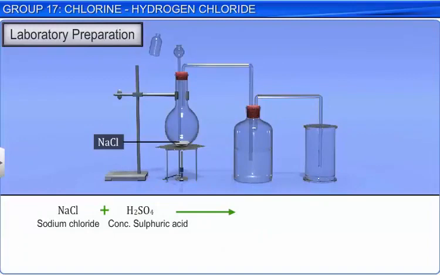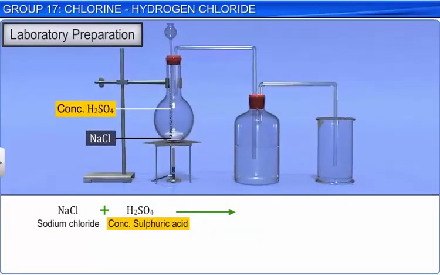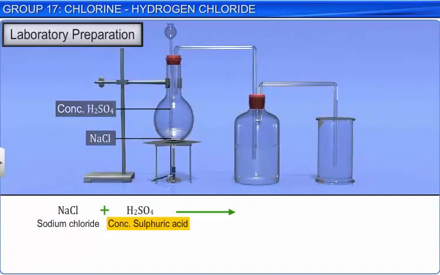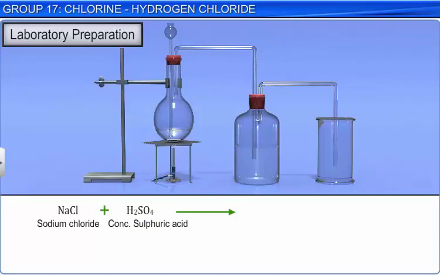Hydrogen chloride is prepared in the laboratory by treating sodium chloride with concentrated sulfuric acid. The reaction mixture, consisting of concentrated sulfuric acid and sodium chloride, is first heated to 420 Kelvin.